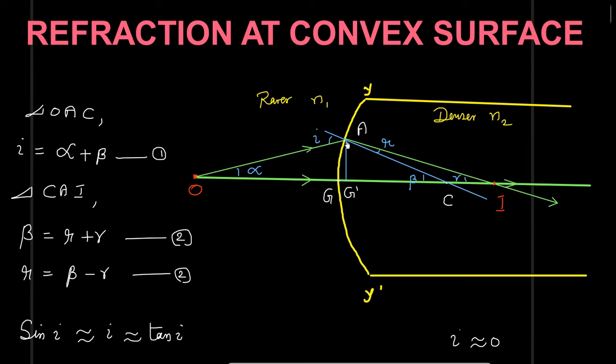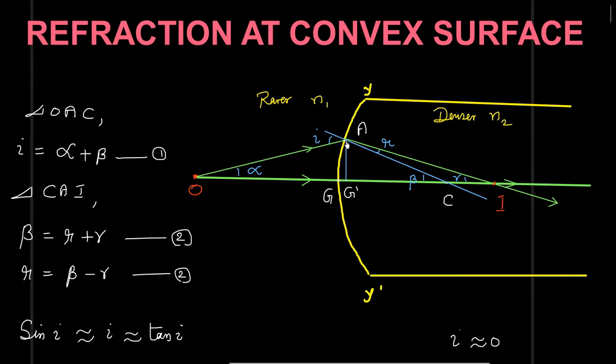At A, the ray undergoes refraction and the ray passes through AI. r is the angle of refraction. Where the refracted ray meets with the other refracted ray through the principal axis, image I is formed. So I is the image of the object O.